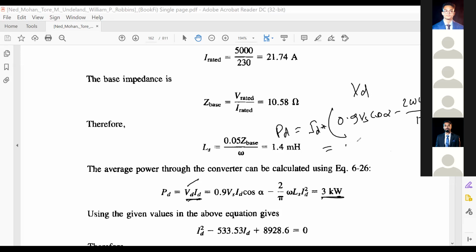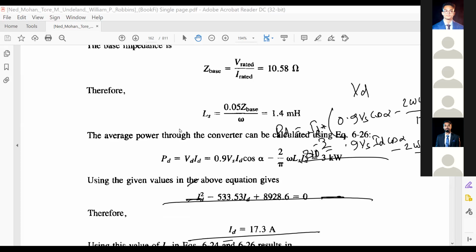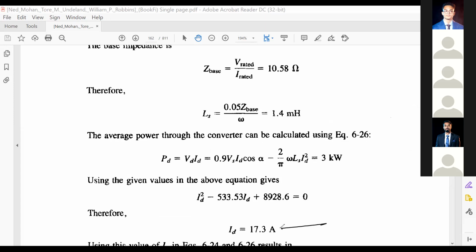PD will be 0.9 Vs ID cosine of alpha minus 2 omega LS ID squared by pi, and that is your 3 times 10 to the power 3. If you solve this, you will get this type of equation, and finally you will get ID equal to this, 78.3.